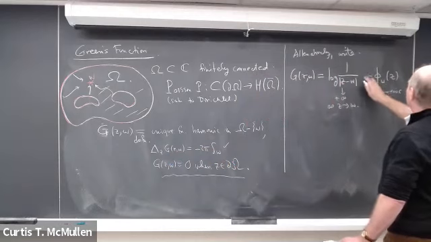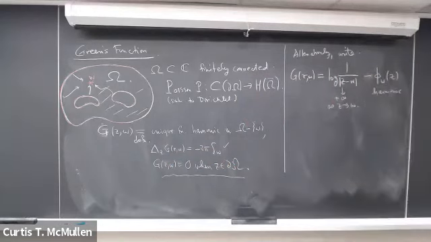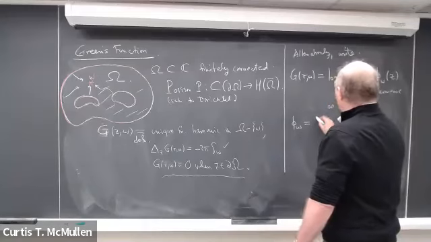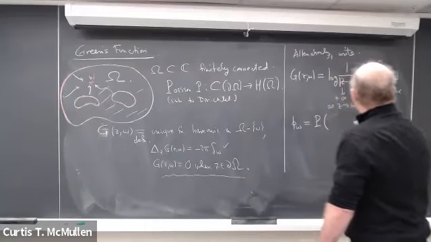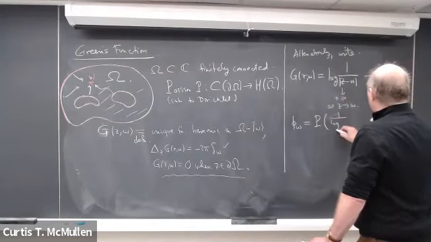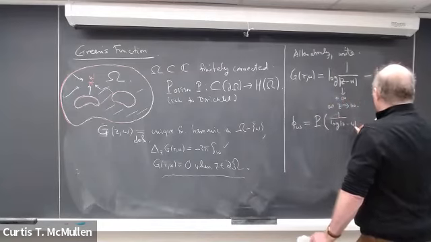Actually, maybe I'll subtract phi W of Z. And what do I choose for phi W of Z? I just let phi W be the Poisson kernel applied to the function 1 over log of Z minus W.